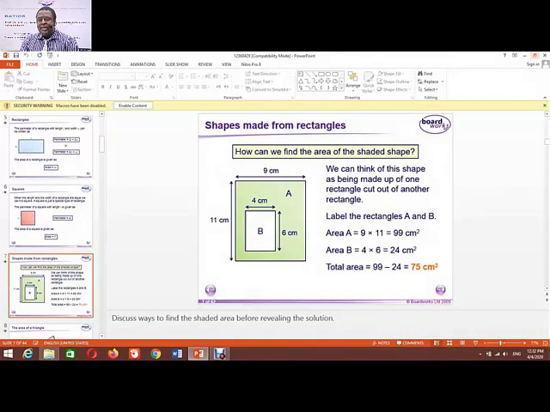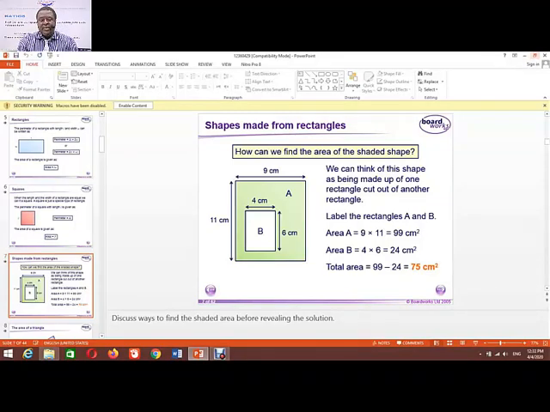Shapes made from rectangles. How can we find the area of the shaded shape? As you can see on the screen, we have two shapes, two in one shape, and they want us to find the shaded area, which is the green part.